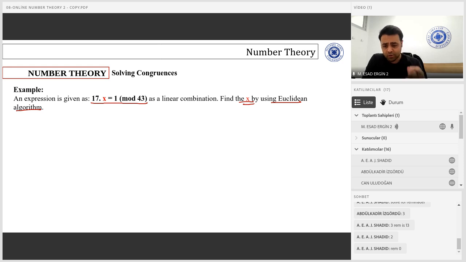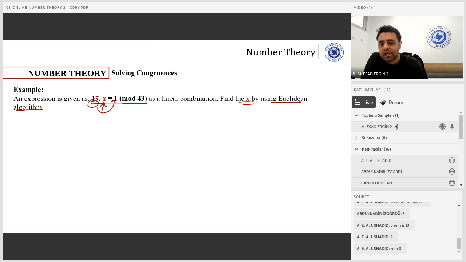So in modular arithmetic, or in modulo 43, we are trying to find an X, a variable. If I multiply this variable by 17, and the remainder equals 1 in modulo 43, it means that this is an inverse of 17.